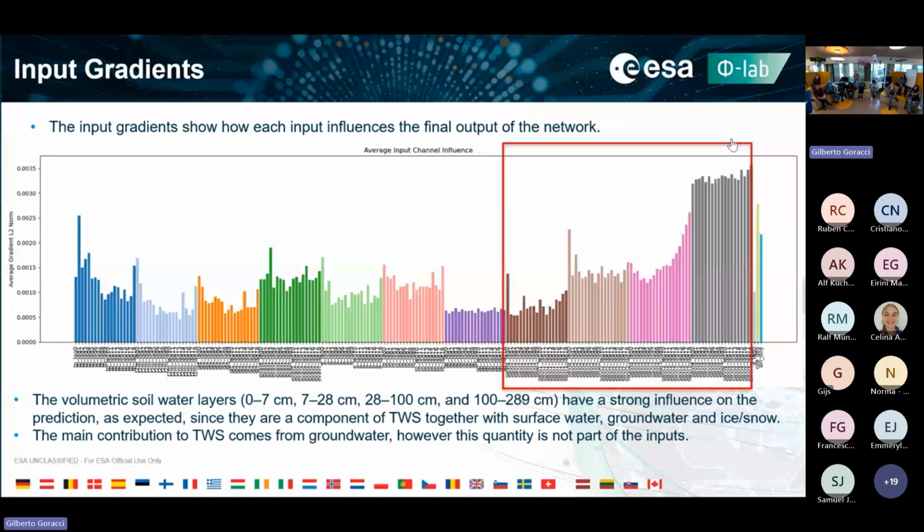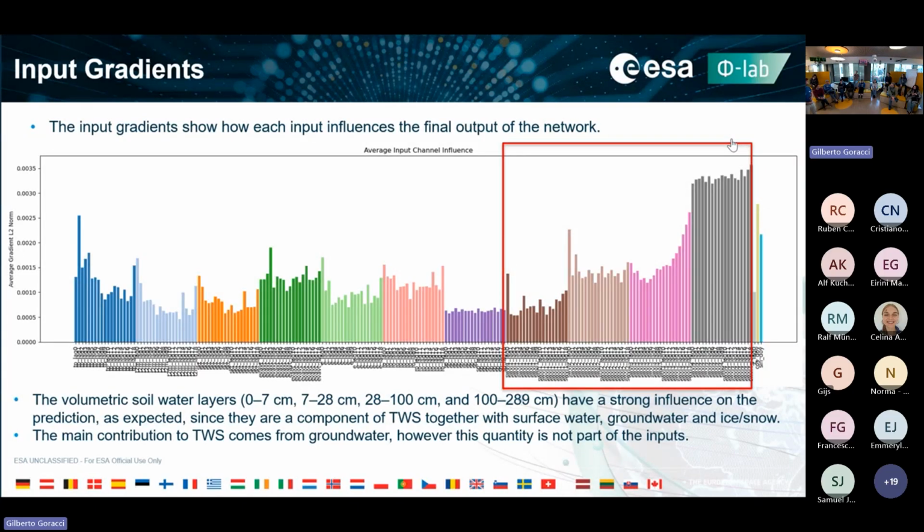And then you have a good contribution from the time information, which can be due to several reasons that we did not investigate. But the thing here is that it's important that the volumetric soil layers have the dominant contribution.